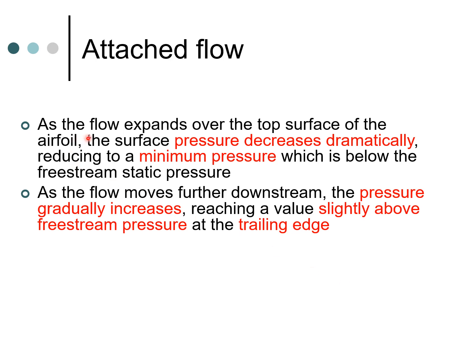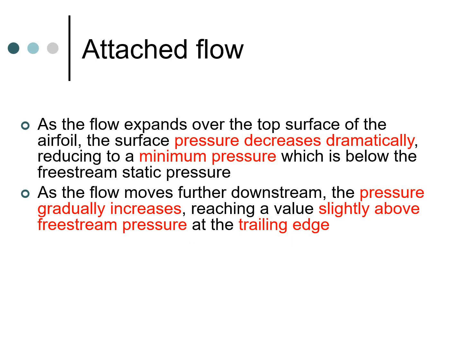Now, as the flow expands on the top surface of the airfoil, the surface pressure decreases dramatically and then reduces to a minimum pressure which is below the free stream static pressure. As the flow moves further downstream, the pressure gradually increases, reaching a value slightly more than the free stream pressure at the trailing edge.